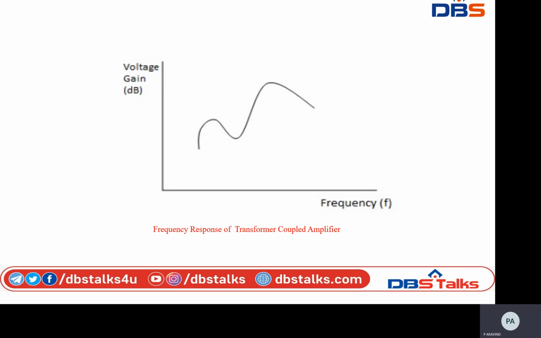At low frequency, the reactance of the primary begins to fall, resulting in decreased gain. At high frequency, the capacitance between the turns of the winding acts as a bypass condenser to reduce the output voltage and hence the gain. So the amplification of audio will not be proportionate, and some distortion will also get introduced, which is called frequency distortion.